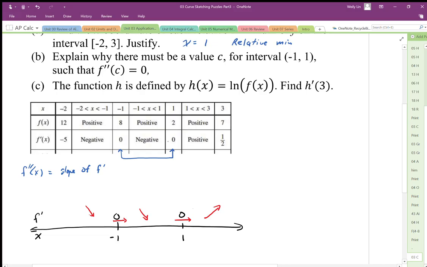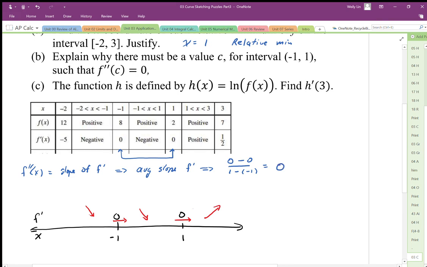So the rise is 0 over the run is 0. So the average slope of f prime is going to be the rise, 0 minus 0, over the run of 1 minus -1. Basically, we have a slope of 0.